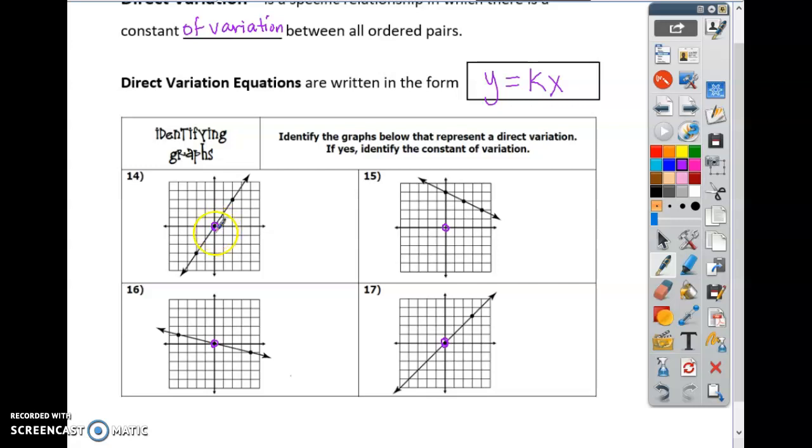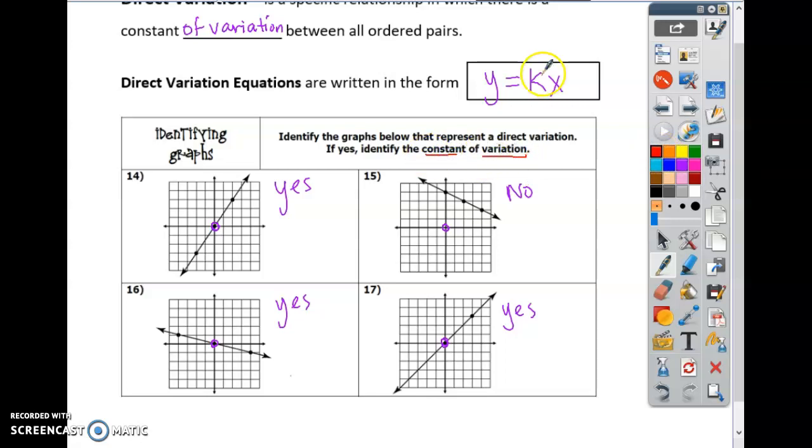So this is direct variation, this is direct variation, this is direct variation, and this is not direct variation. Okay, so I'm going to put yes, yes, yes, no. And it also wants us to identify the constant of variation.